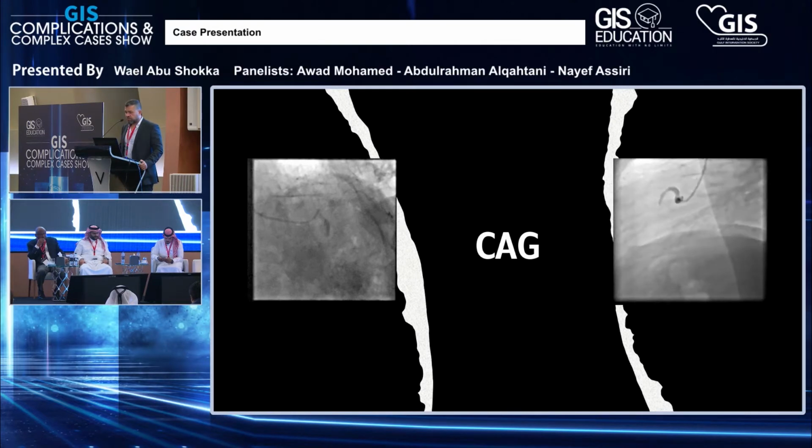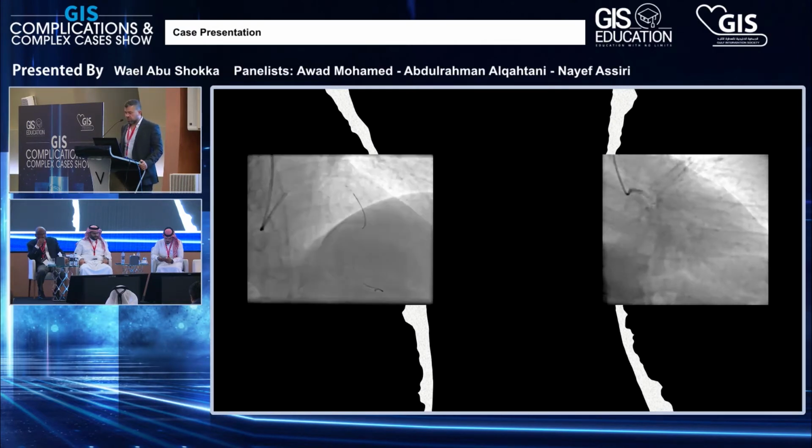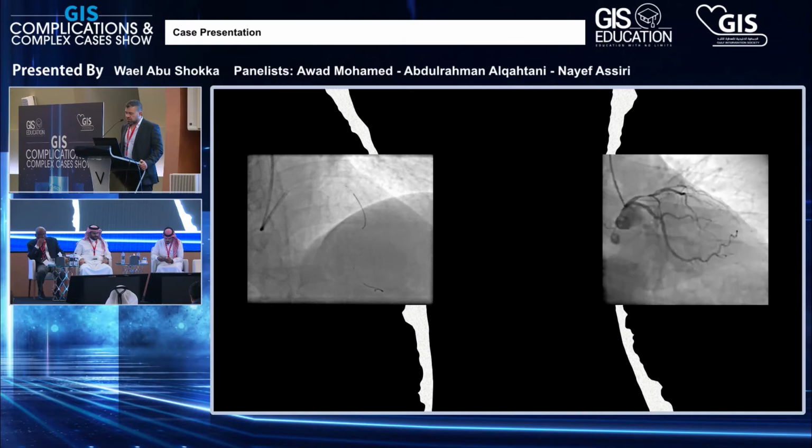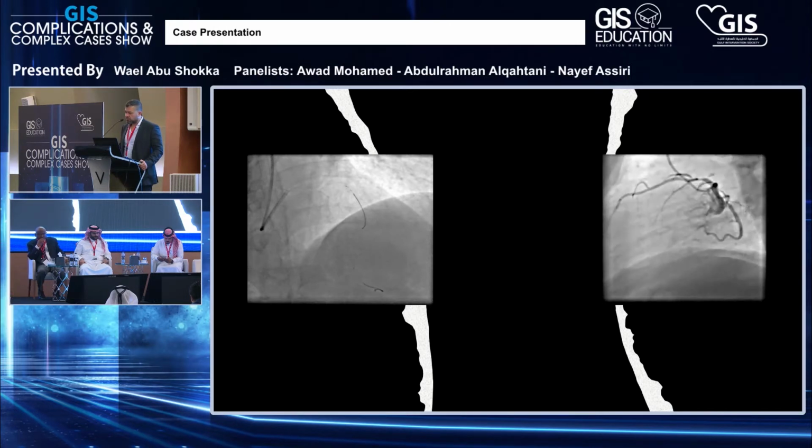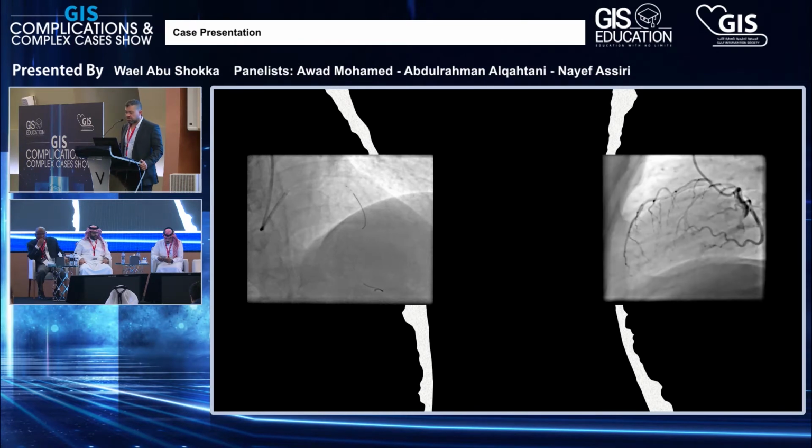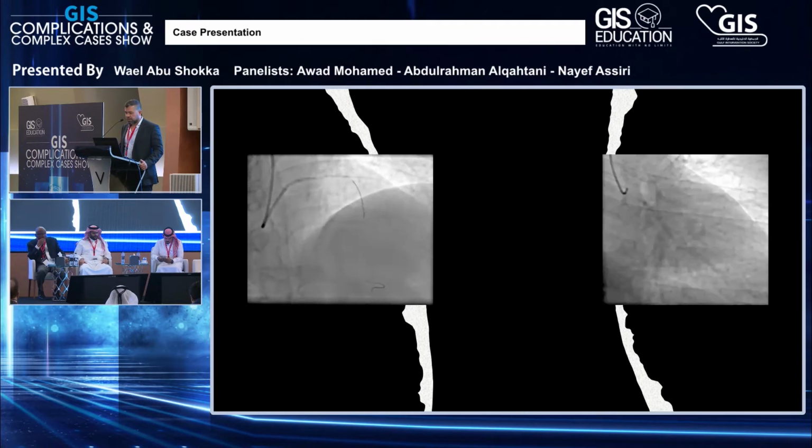So we decided to go ahead, and here are other views. The proximal LAD lesion was very proximal, before giving two big diagonal branches, and that's why he had this troponin elevation.